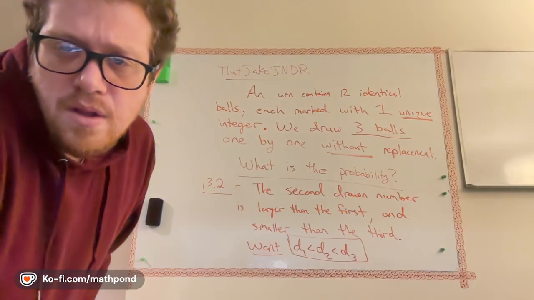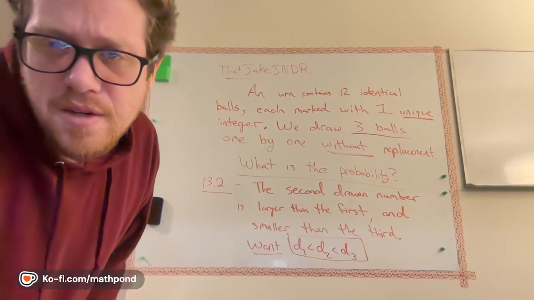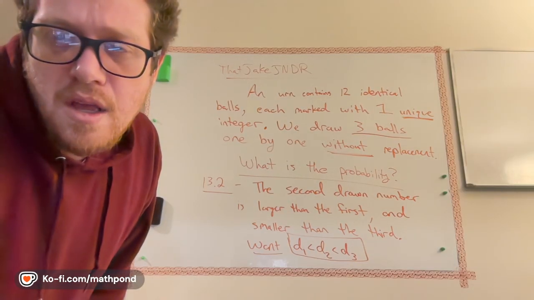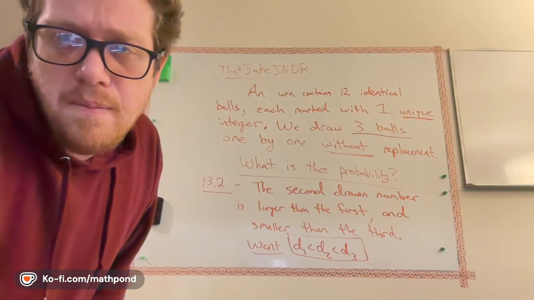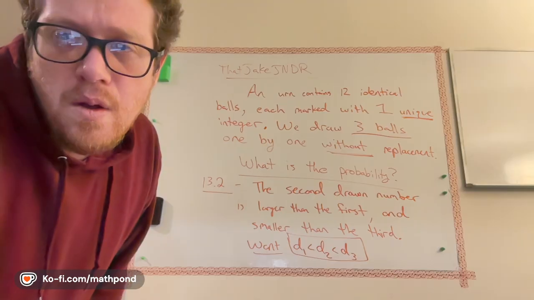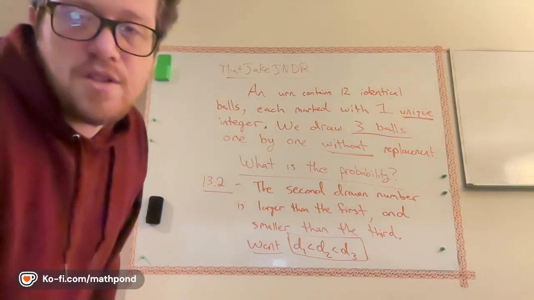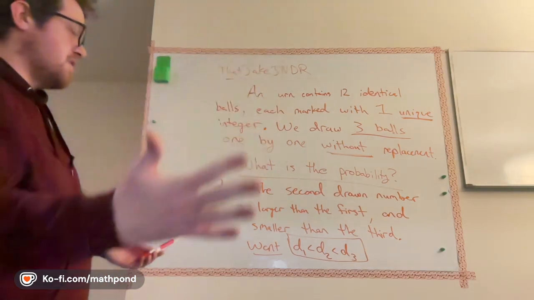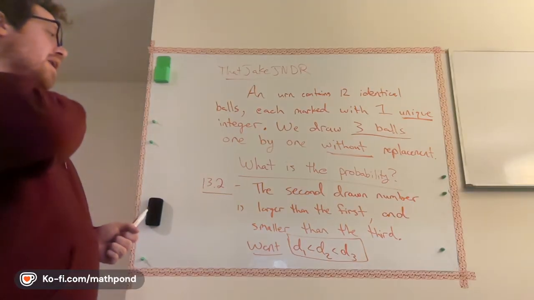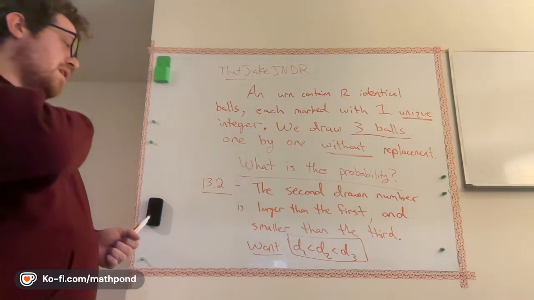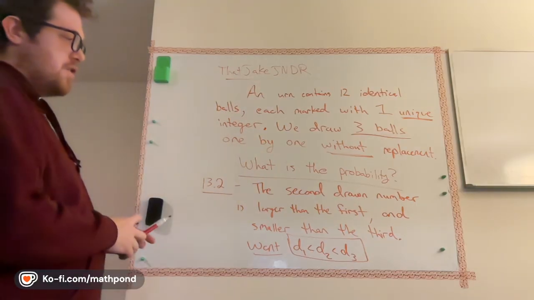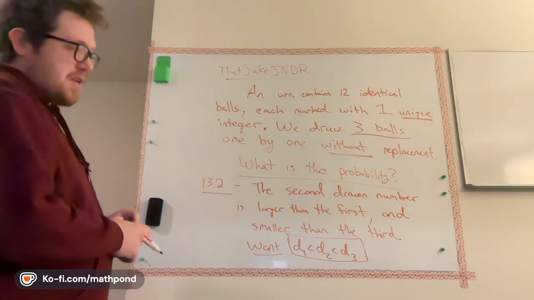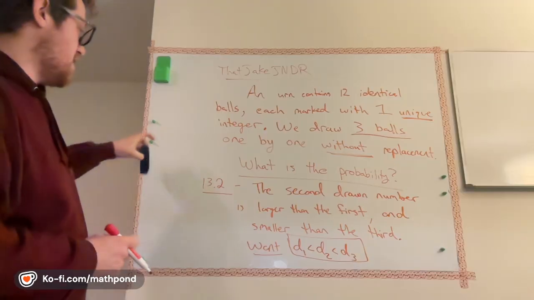Yeah, so I like the way Jeff started out here. He says second larger than the first is a 50-50 chance, which we need to be true, otherwise this doesn't work. And then we also need the third number to be larger than the second, which is not 50-50. So that's the other probability we need.